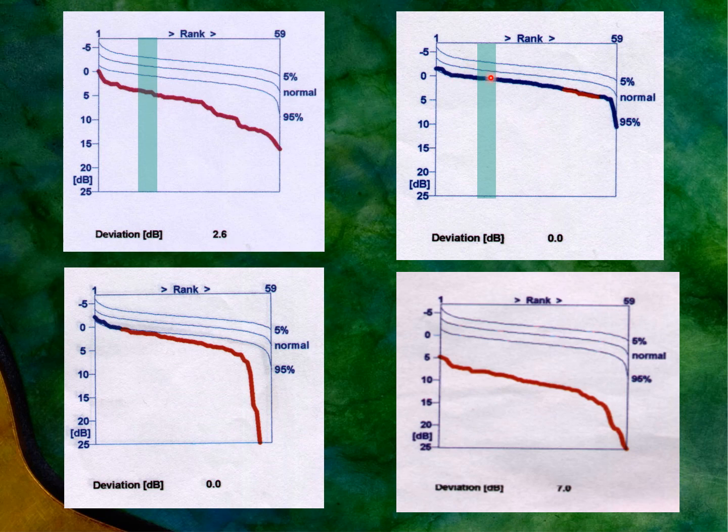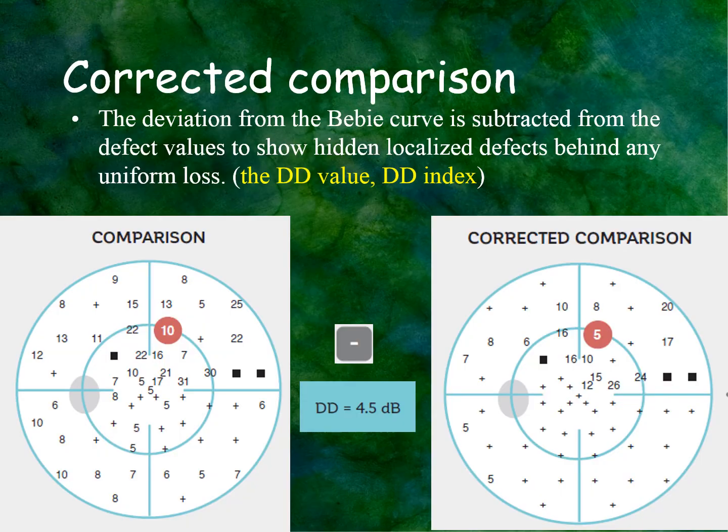Here there is no defect, deviation is 0. Here also 0. Here the diffused deviation is more. It is 7 decibels. In this example, the diffused defect was found to be 4.5 decibels.